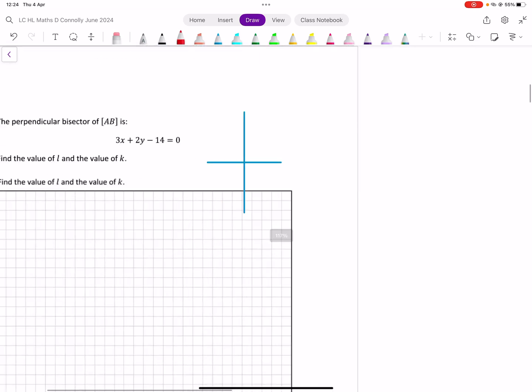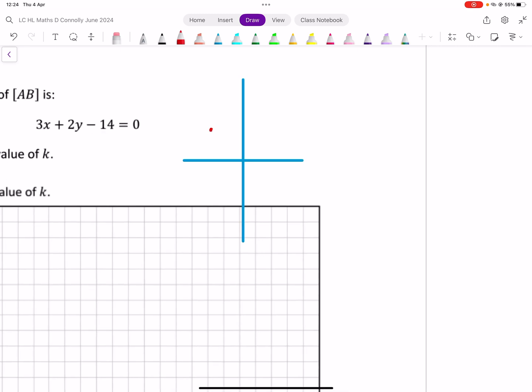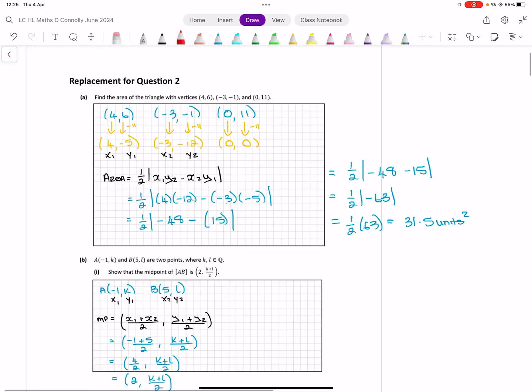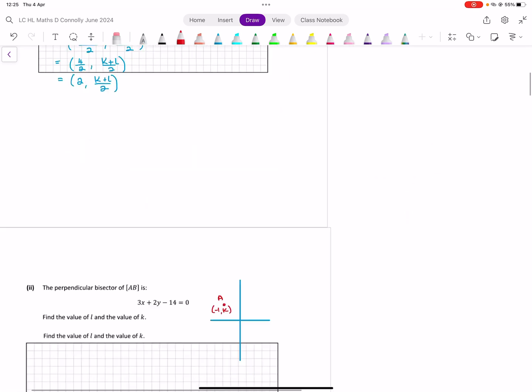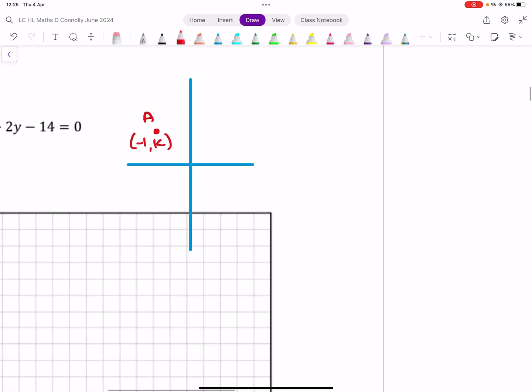Minus 1, K. So, I don't know, let's put A over here somewhere. And then B is 5, L. We'll pretend L is minus, maybe? So 5, L is B, right?